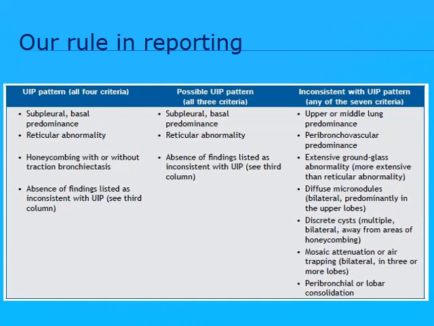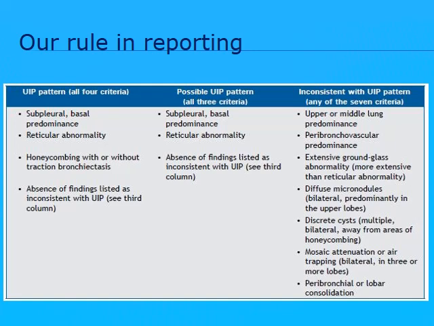Possible UIP pattern, and this is the most important one not to be missed. It simulates the mild degrees of NSIP. We see subpleural and basal predominance, reticular abnormalities rather than ground glass opacities, and absence of these findings. What are these findings that when we see them, we tell the referring doctor that it is inconsistent with UIP?